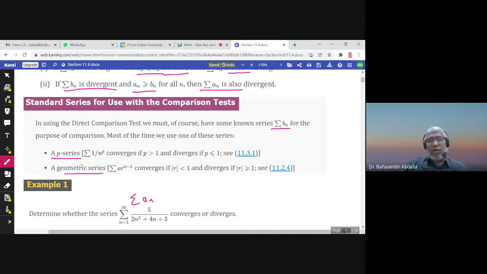Because we know that the p series converges if p is greater than 1. If you need more information about p series, watch section 11.3. And geometric series, if absolute value of r is less than 1, it would be convergent. And we discussed that in section 11.2.